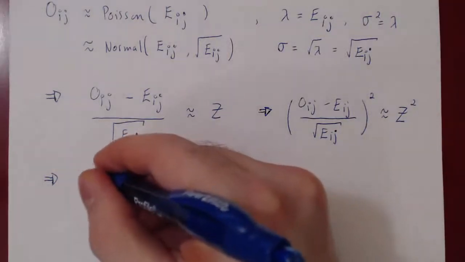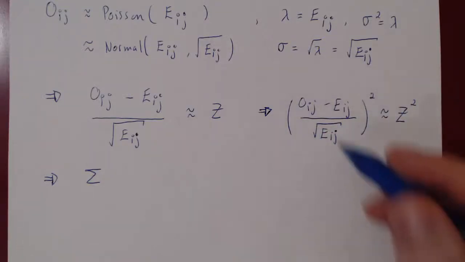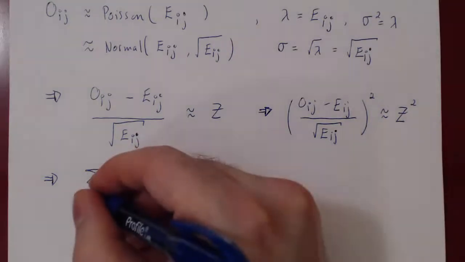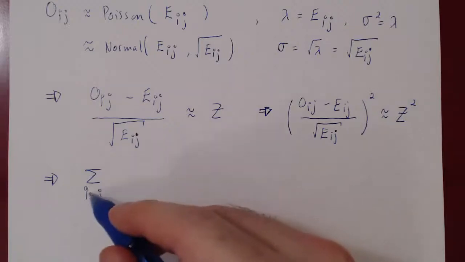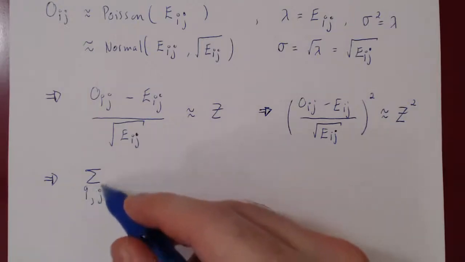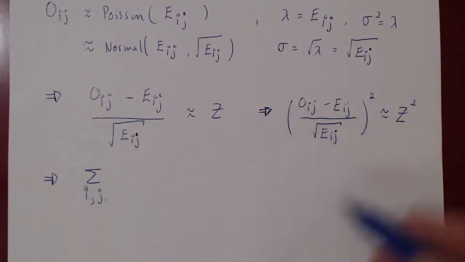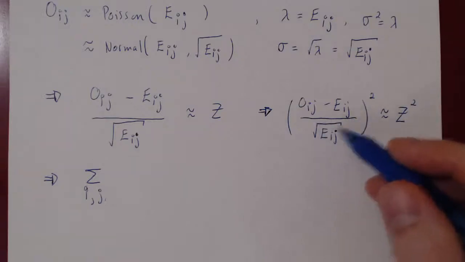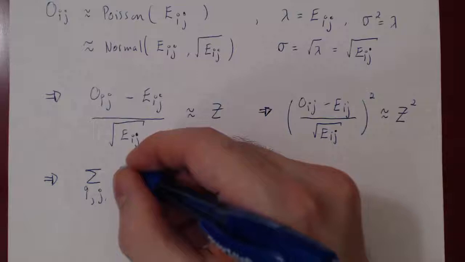I use sigma for sum, which means adding up, and we have to add those up for every row and every column of our table. So I will write simply I, comma J. All this means is sum over every possible row and column, so sum over every cell of your table. I will simplify a little bit though. If you square the top, you get O minus E squared.